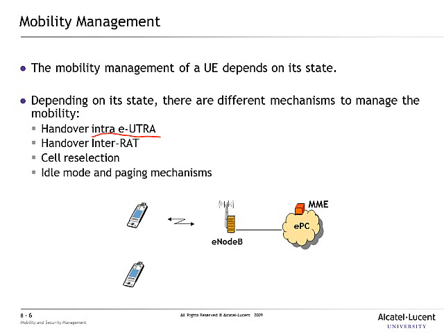And a mobile that's switched on and is in idle mode, when a UE is not having a connection with the network, the network needs to sometimes contact the UE, and it needs a mechanism called a paging mechanism to be able to do that. And so we're going to have a look at these mechanisms today.